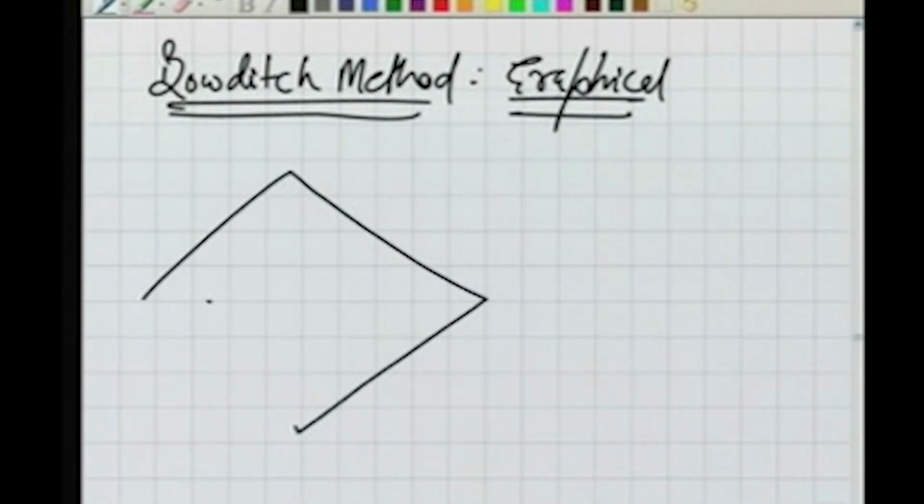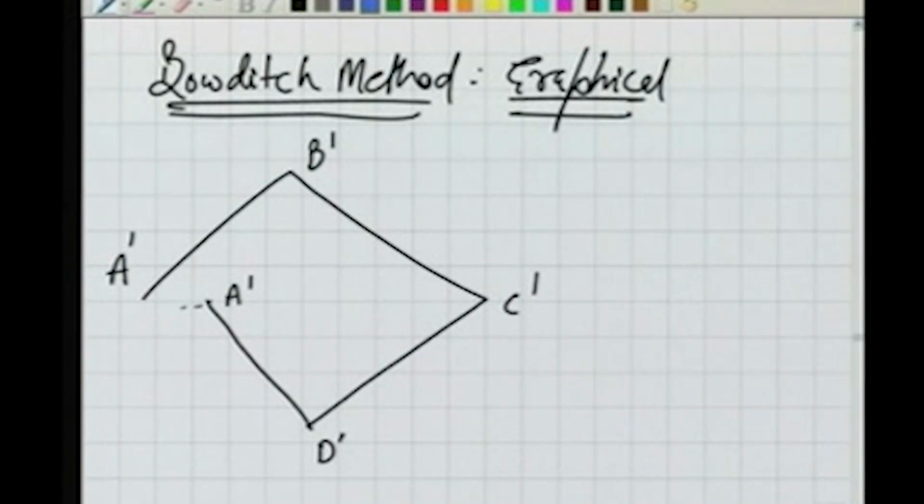Let us say this is a traverse which is not closed. Because this traverse is not closed, we started plotting from here A, B, C, D and A dash again. Ideally, this A dash should have been at A, but it is not so because of the error. Now, how to apply correction for this?